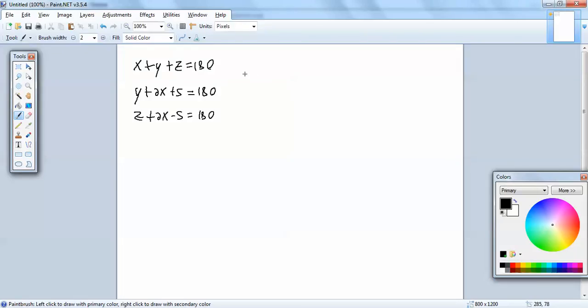Now let's put this in the right form. So I got x plus y plus z is 180. And I got y plus 2x here, and I'll take the 5 over. 180 minus 5 is 175.